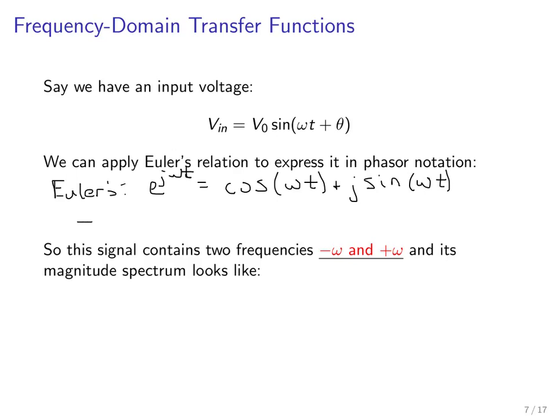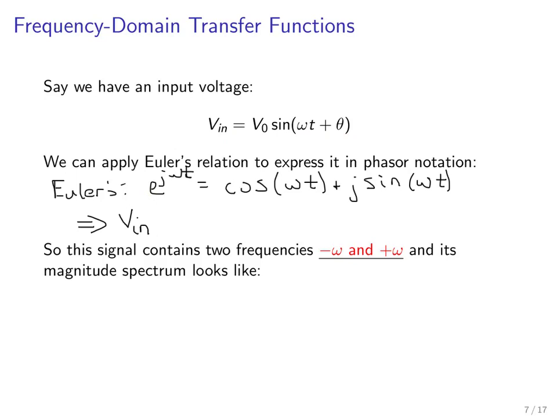Then we can apply this relationship and arrive at the fact that Vin can be equivalently expressed as a sum of two complex exponentials.